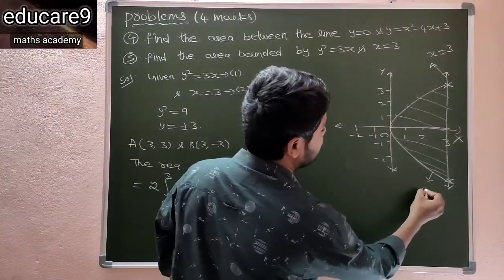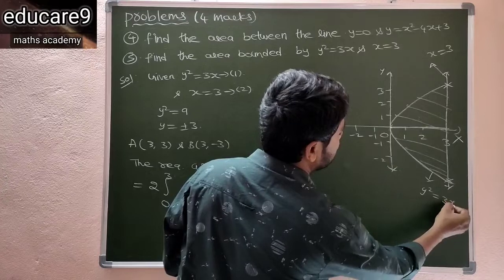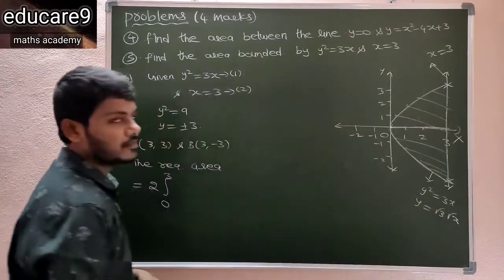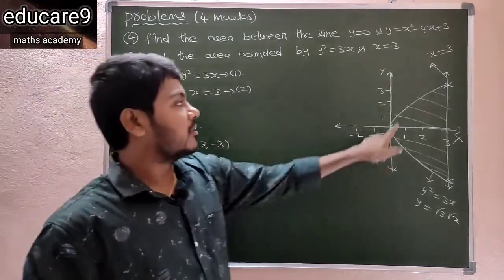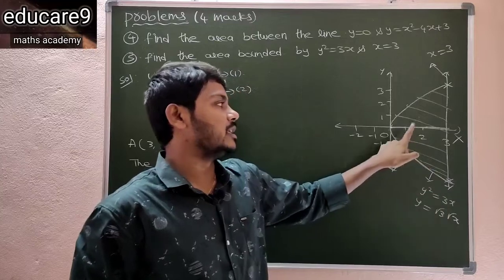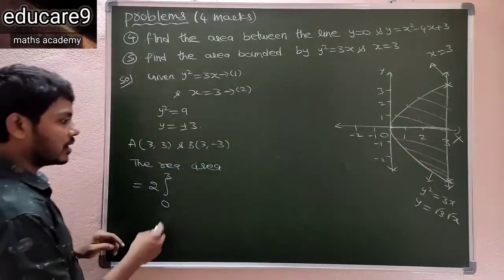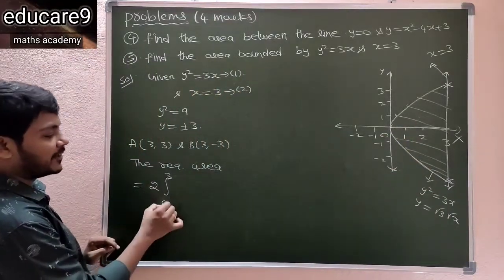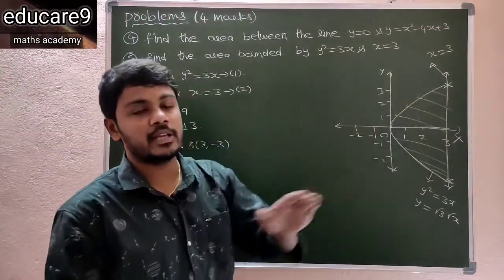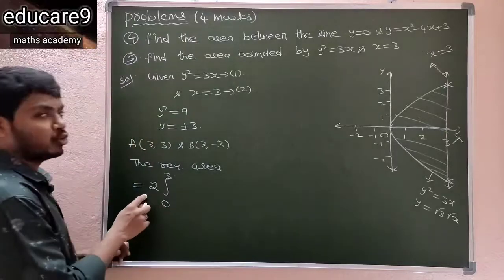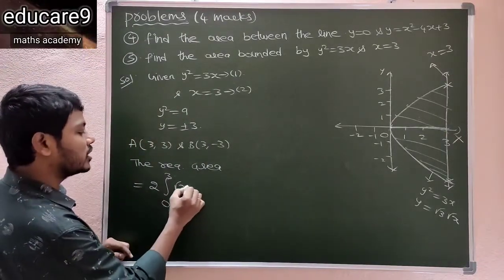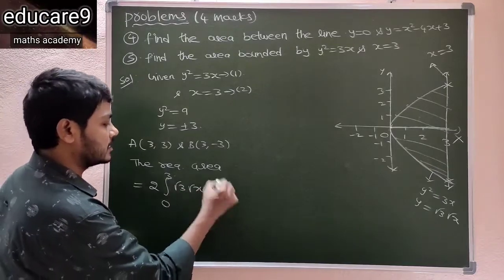So clearly this curve is y square is equal to 3x. So y is equal to root 3 into root x. Okay. So here the upper curve is y is equal to root 3 root x and the lower is the x-axis. So therefore 2 times of integral 0 to 3, because the above x-axis area and below x-axis area both are same. So that's why I am writing 2 times. So 2 times integral 0 to 3 root 3 root x dx.